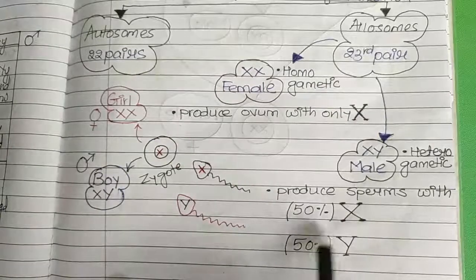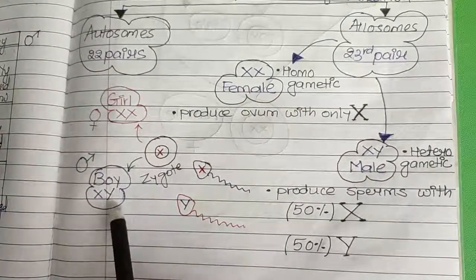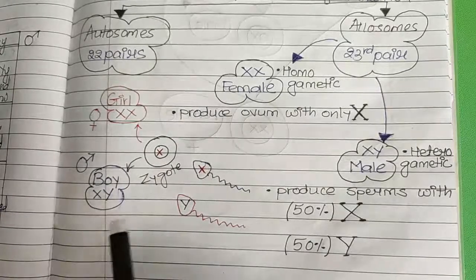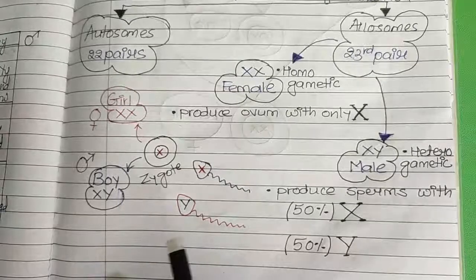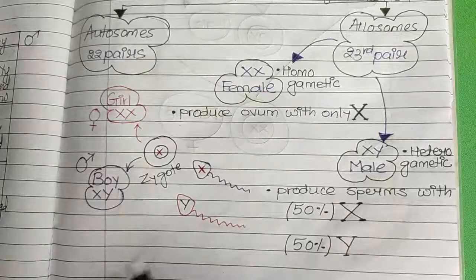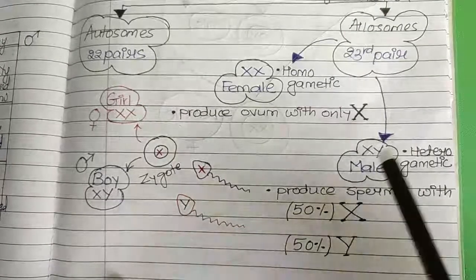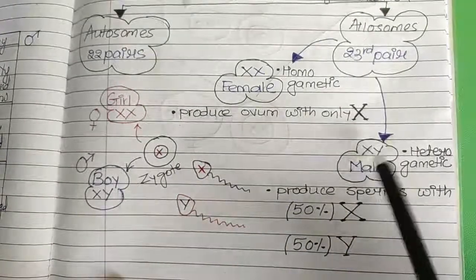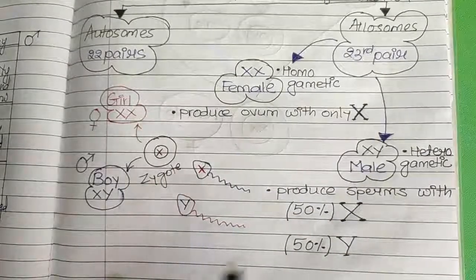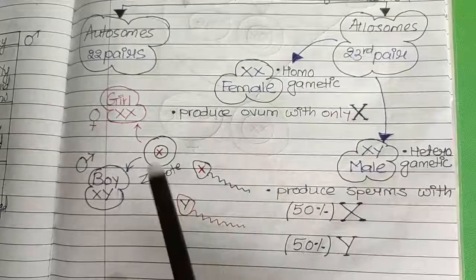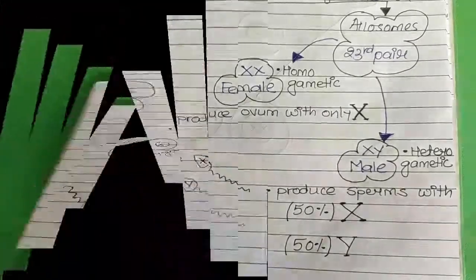And if a Y chromosome containing sperm fertilizes the egg, then there will be a boy. So at the time of zygote formation or fertilization only, the gender or sex of the child is determined. Clear? So we can say here that the male is responsible for the gender of the child, not the female. Clear? And the chances of having a male or female child are 50-50.